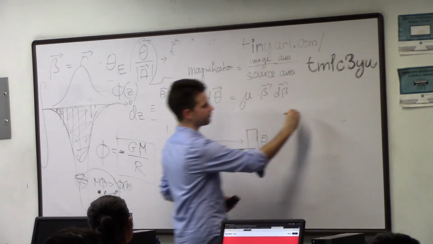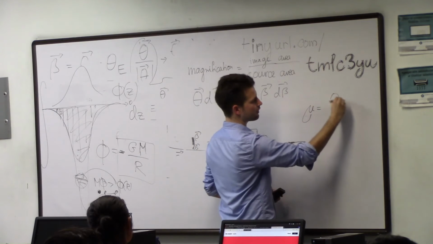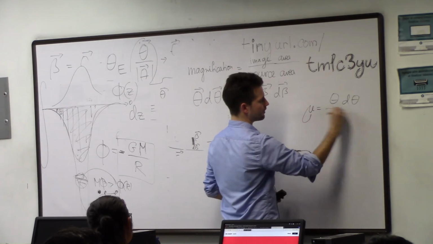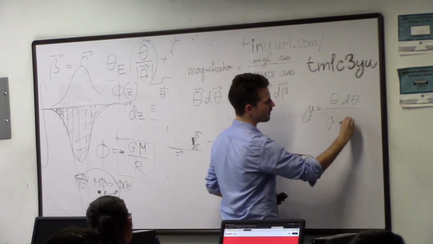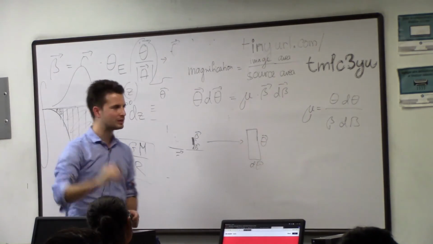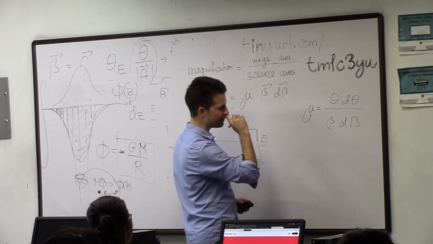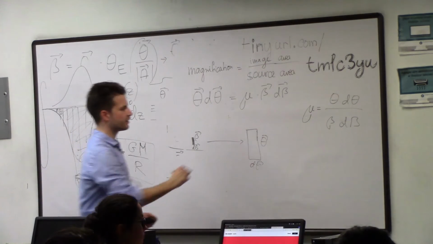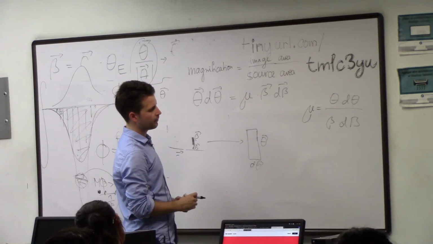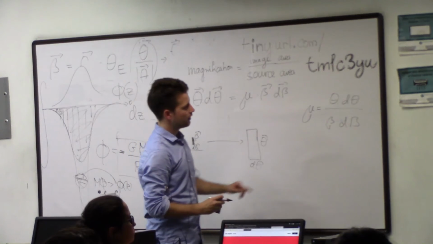So your mu is theta d theta over beta d beta, and here I'm dropping the positive negative sign for the sake of simplicity.